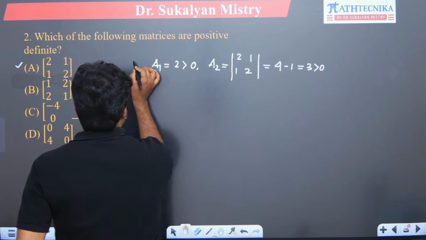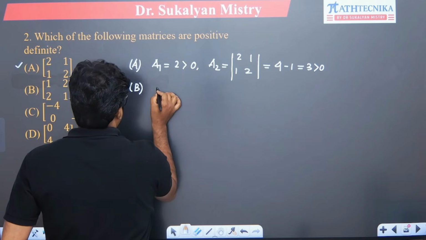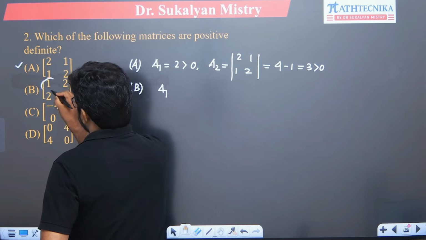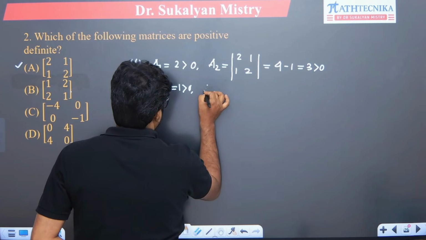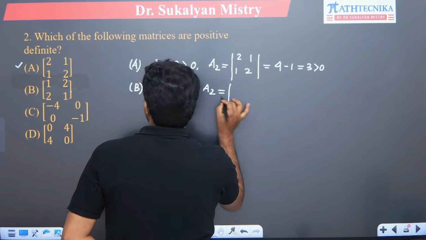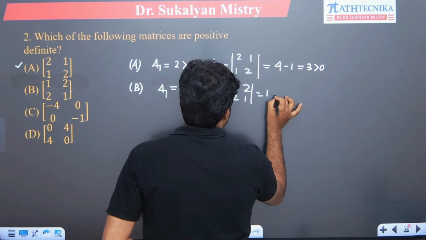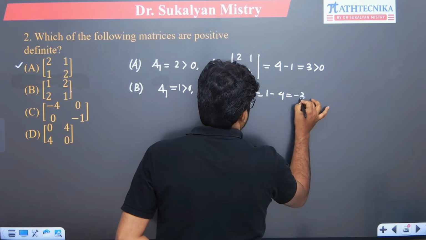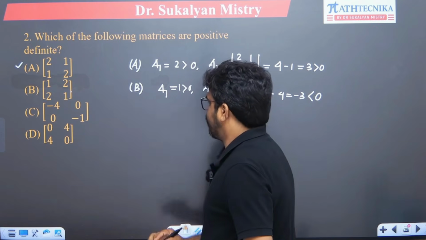For option B, see this. Here A1, that is A11, is 1, which is greater than 0. A2 is the determinant of 1, 2, 2, 1. That is 1 - 4, that is -3, which is less than 0, that is negative.